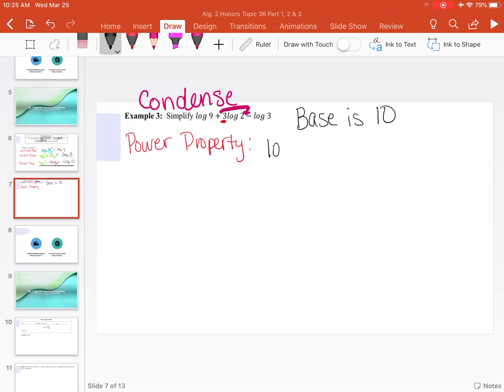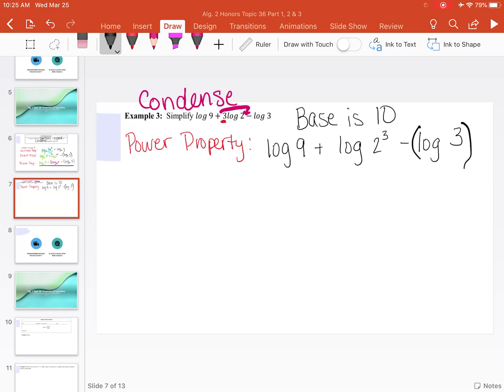So we would get log of 9 plus log of 2 cubed minus log of 3. Now notice here, this entire quantity log of 3 is probably going to be the sole denominator.